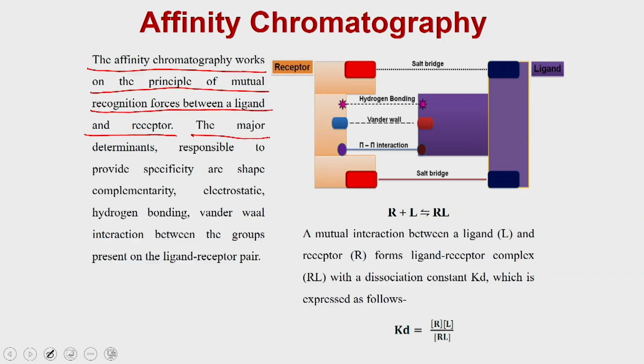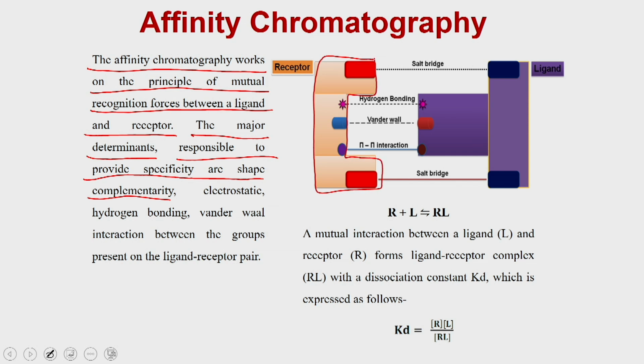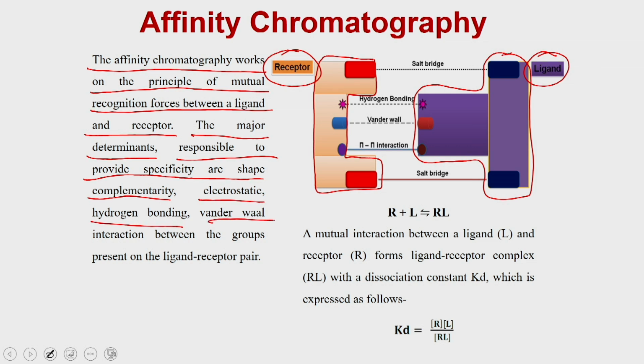The major forces or determinants responsible for providing the specificity are, first, shape complementarity, because the shape complementarity between a receptor and a ligand brings the receptor and ligand into close proximity. Once they come into close proximity, then the electrostatic, hydrogen bonding, and van der Waals interactions between the groups present on the ligand-receptor pairs play a role.